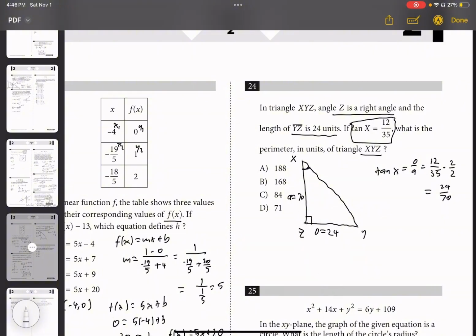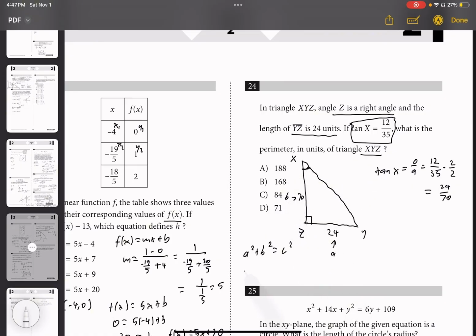And now we can use Pythagorean's theorem to solve for the last side. So a squared plus b squared equals c squared. So ignore the adjacent and opposite. We're going to say this is equal to a and that's equal to b.